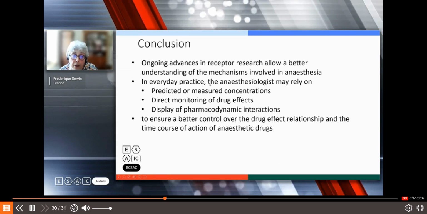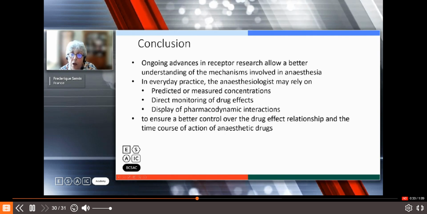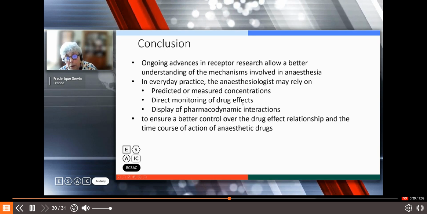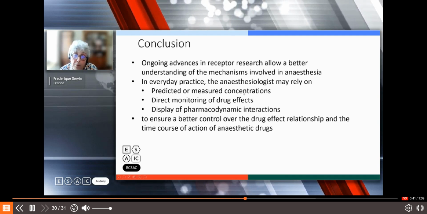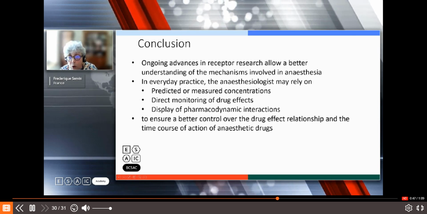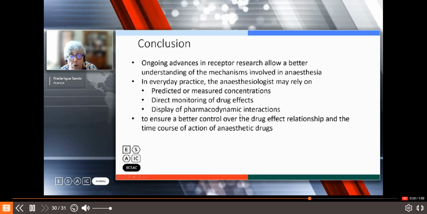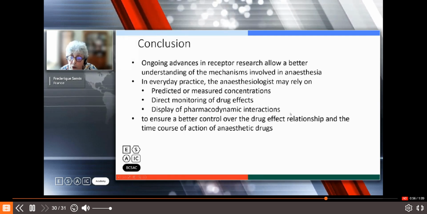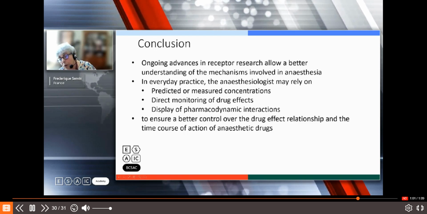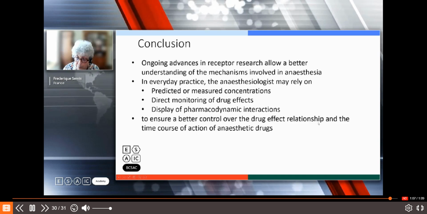And in everyday practice, to assess the pharmacodynamics and time course of action of a drug, you may rely on predicted or measured concentration or direct monitoring of drug effects, and probably in difficult cases, the two linked may give you a good appraisal of the state of your patient, and some will allow the display of pharmacodynamic interaction, which is also very important. And thus you can ensure better control over the drug effect relationship in any patients. I thank you very much.